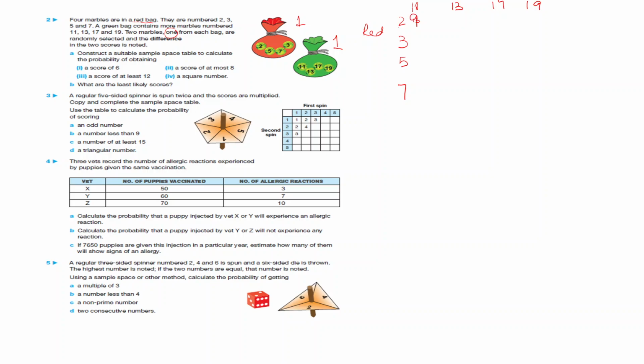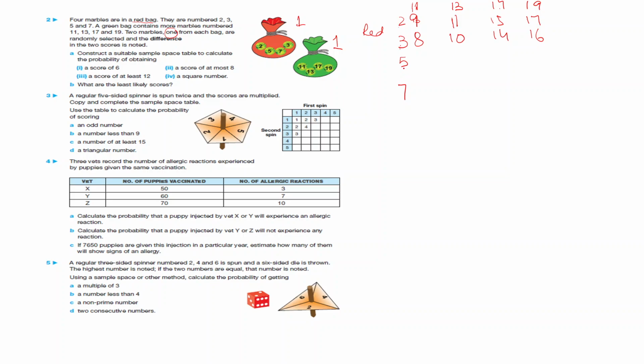So the difference is 9: 11 minus 2 is 9, 13 minus 2 is 11, 17 minus 2 is 15, and 19 minus 2 is 17. In the same way, 11 minus 3 is 8, 13 minus 3 is 10, 17 minus 3 is 14, and 19 minus 3 is 16.